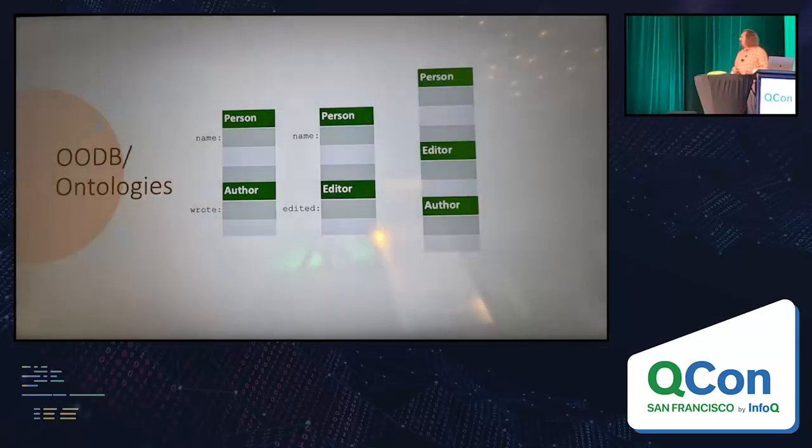Okay, what if I have a person who's an editor and an author? Well, now I have kind of a problem, because either I figure out some sort of multiple inheritance thing, which never worked very well, or I have two different identities, two different structs, one for person as an author and one for person as an editor. And now equality doesn't work the way you think it ought to work, right?